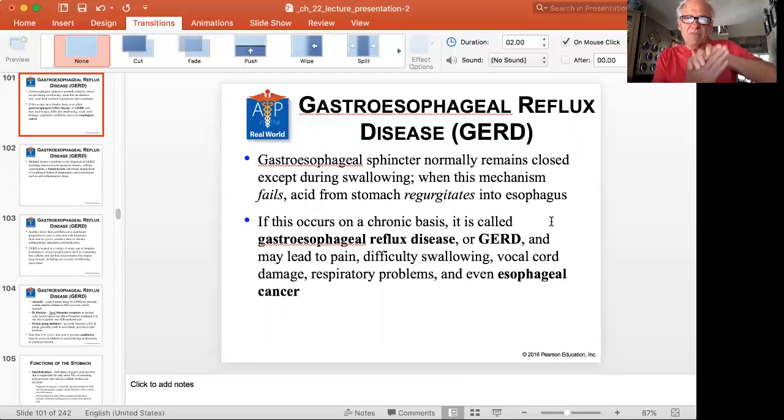It will push some of that reflux back up into the esophagus. This is not good because the esophagus is not designed for that kind of an acidic environment. You're going to create problems. Some of the problems can involve your vocal cords, esophageal cancer, respiratory problems. You do not want to regurgitate gastric contents back up into the esophagus normally.